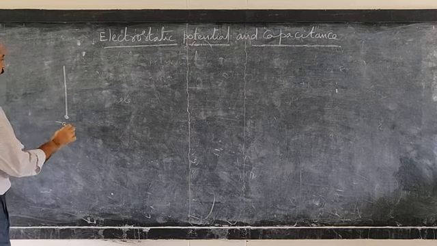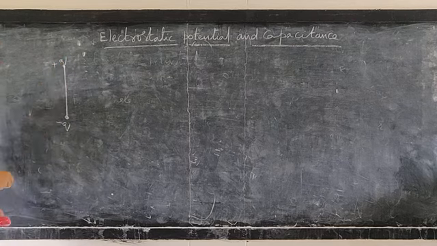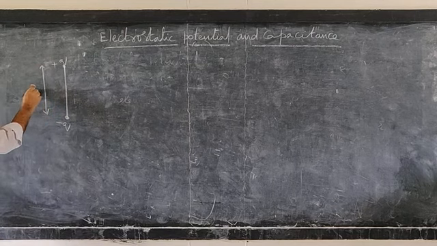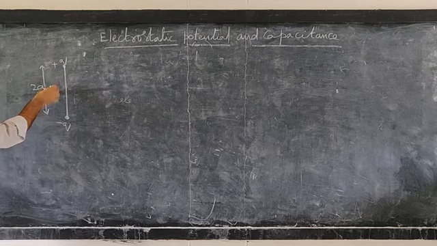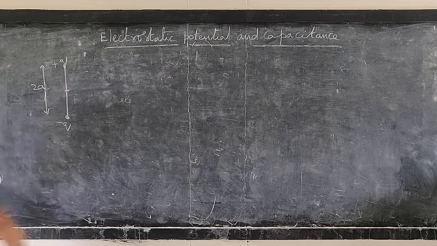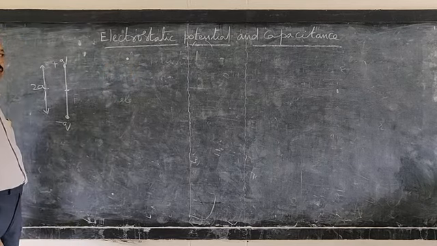So let us say this is minus q and this is plus q. And let us suppose the separation between these two charges is 2a. So that is the separation, and this is the midpoint. Now choose some arbitrary point.